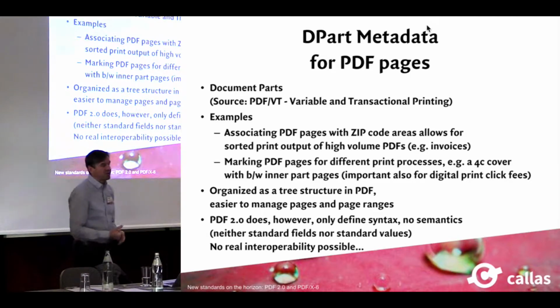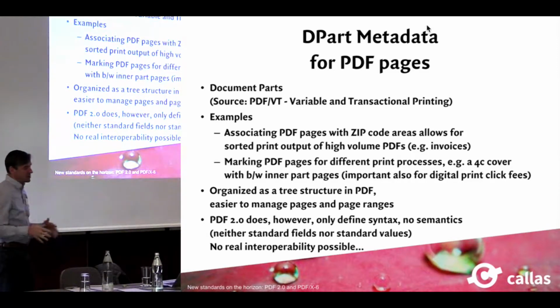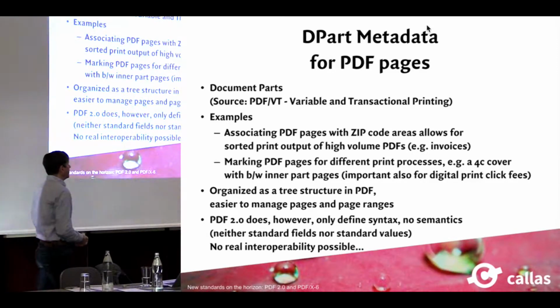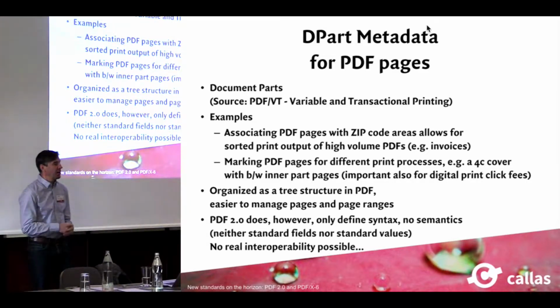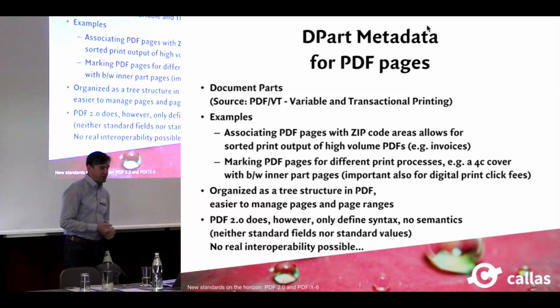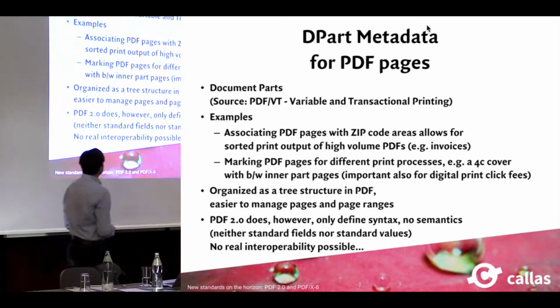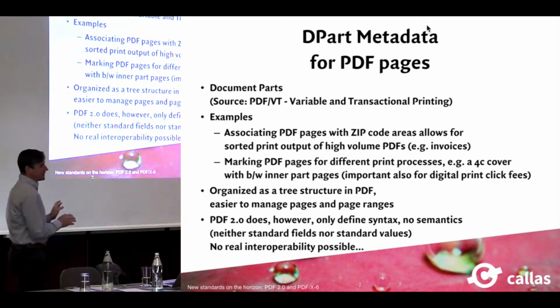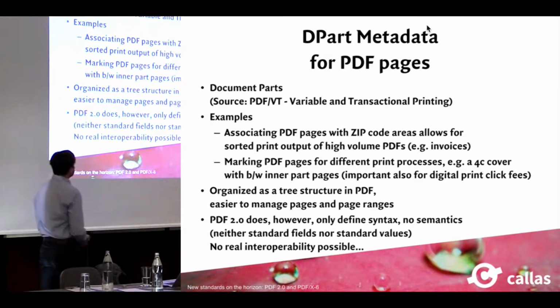And that may also be important in digital print, on digital print machines, where the print machine needs to feed correctly so that you don't pay for a color page where you only have a black and white page. And this DPart metadata structure has been defined in pdfVT and has simply been taken over into PDF 2.0.